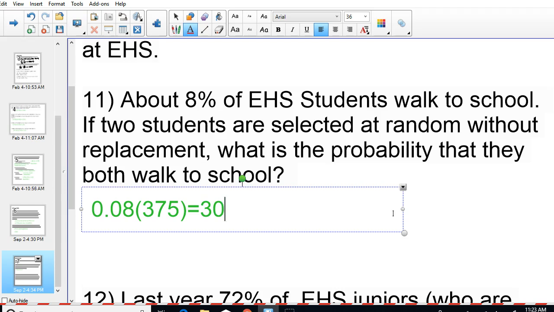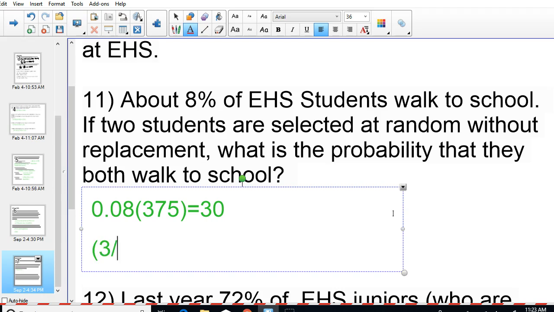If it was not an even number, I'd just round to the nearest whole number. So you have a 30 out of 375 chance that you're going to choose a walker the first time. Then you would have a 29 out of 374 chance that you choose somebody that walks to school the second time.